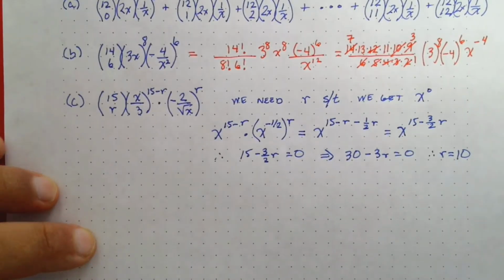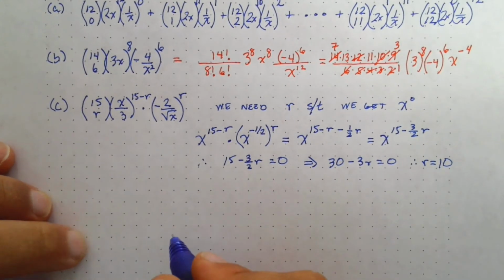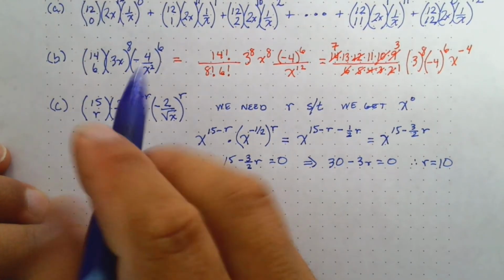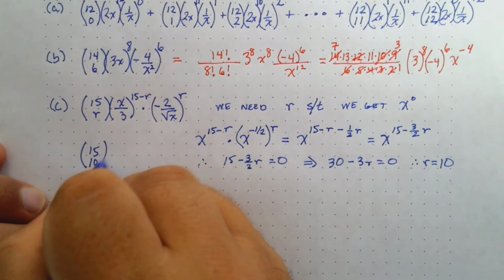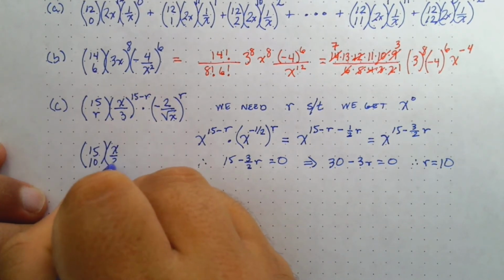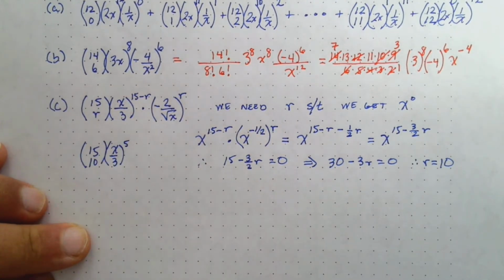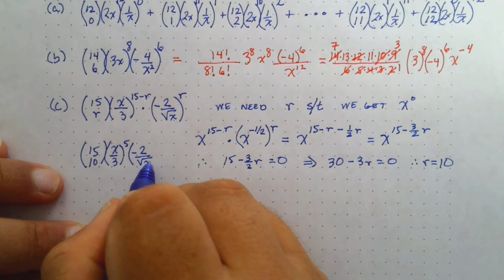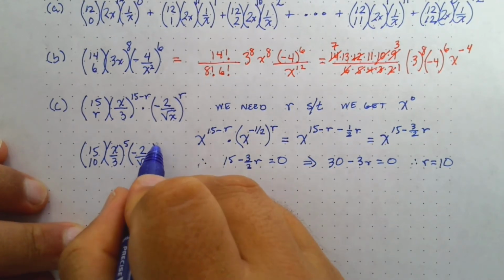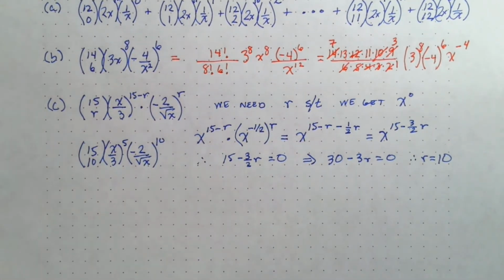Okay. So if I know that r needs to be 10, this is going to be 15 choose 10, x over 3 to the 5th power, and negative 2 over the square root of x raised to the 10th power.